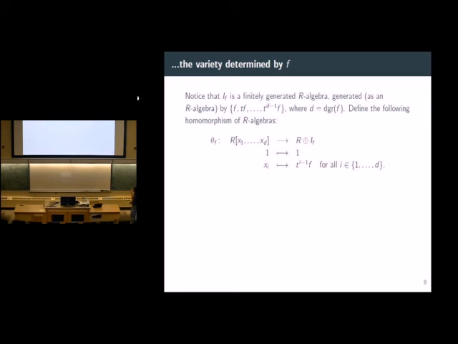Okay, so notice that I of f is finitely generated as an R-algebra by these elements here. So you can define homomorphisms of algebras like this. You send unit to unit, and then enlarge I sub f with the unit, just to make this into an algebra with unit.